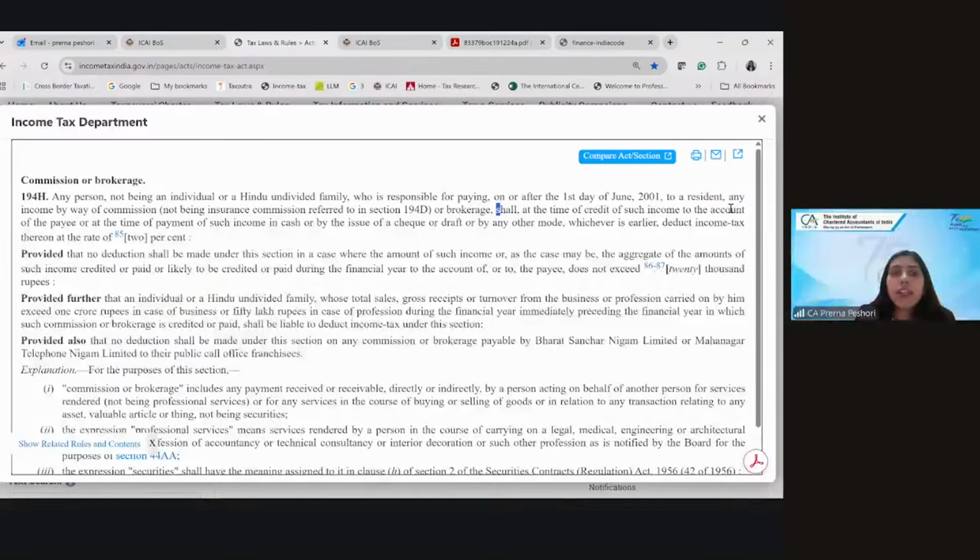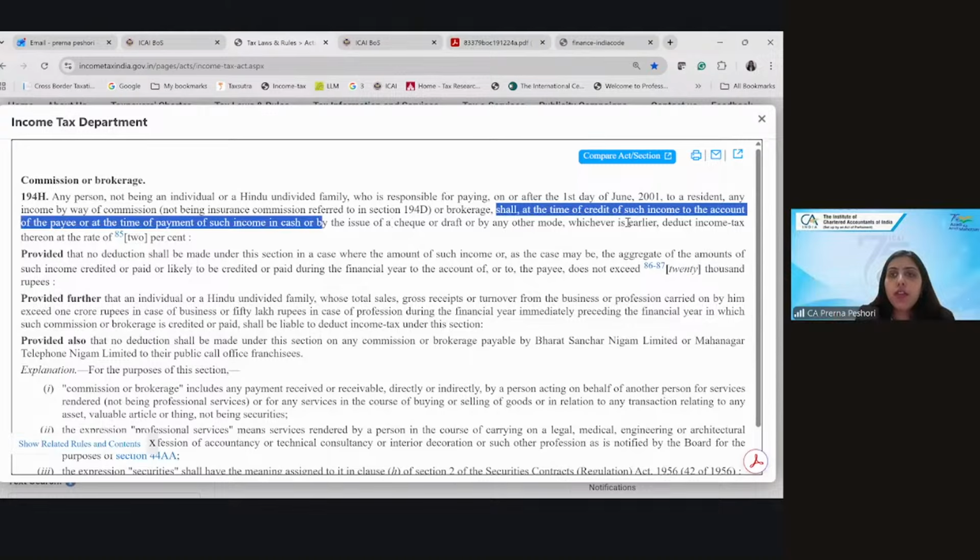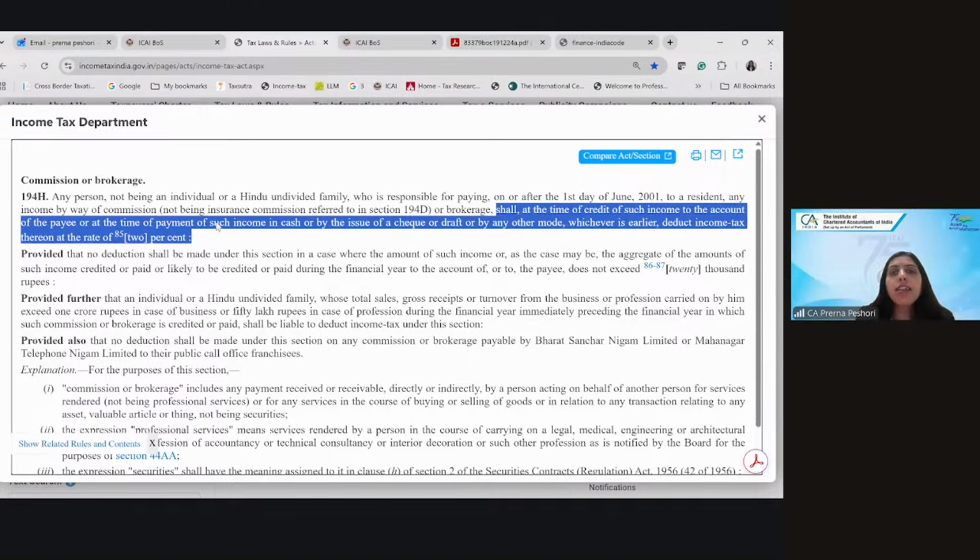Shall at the time of credit or at the time of payment, whichever is earlier, deduct the income tax at the rate of 2%. So what is my timing here?